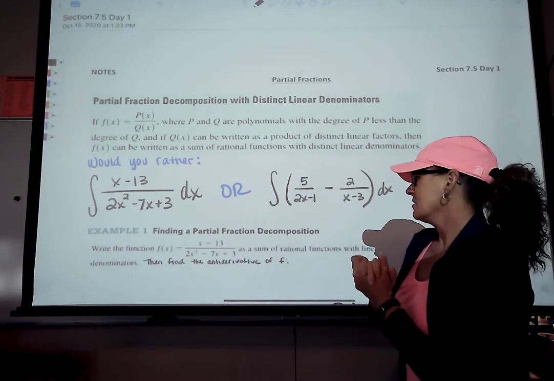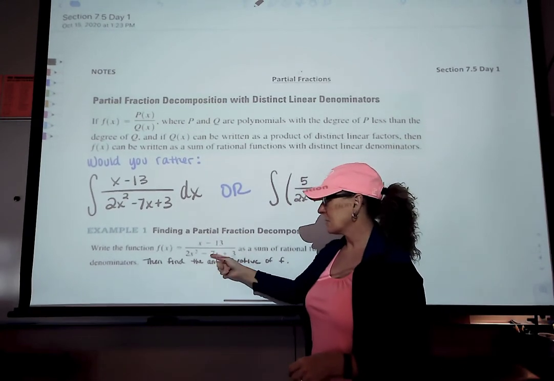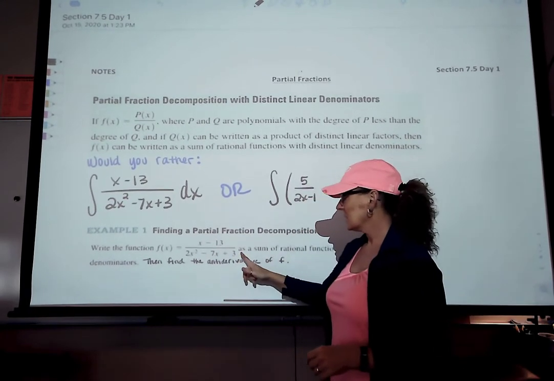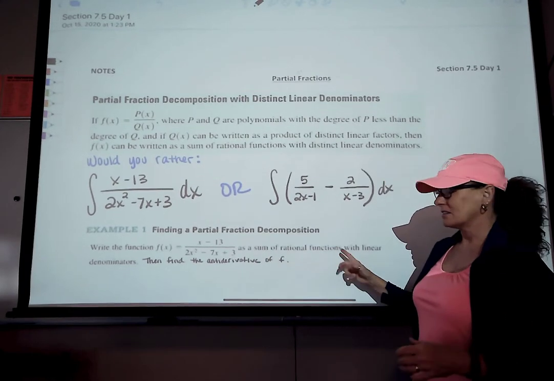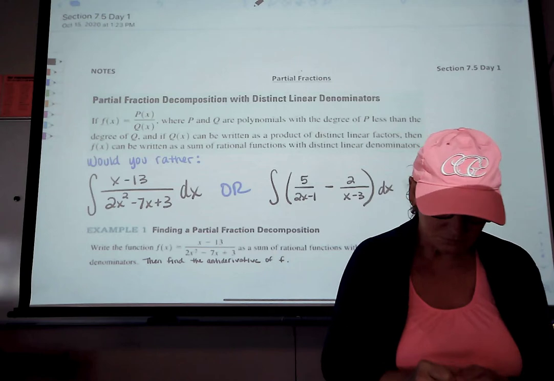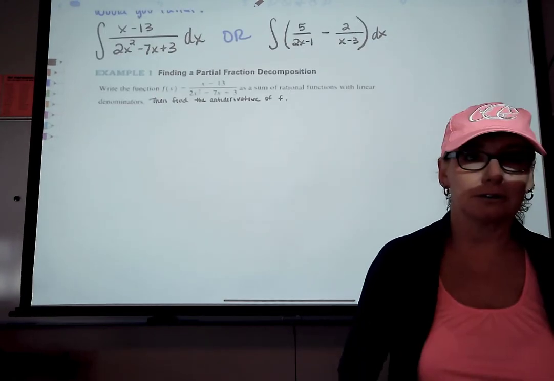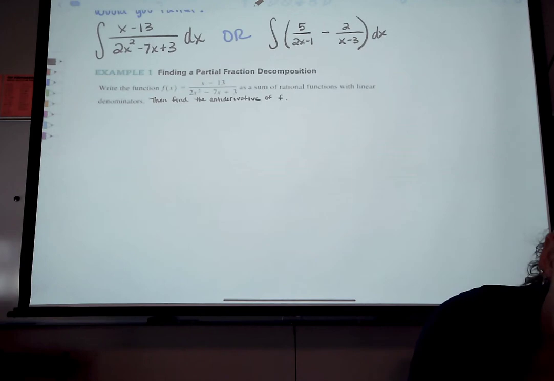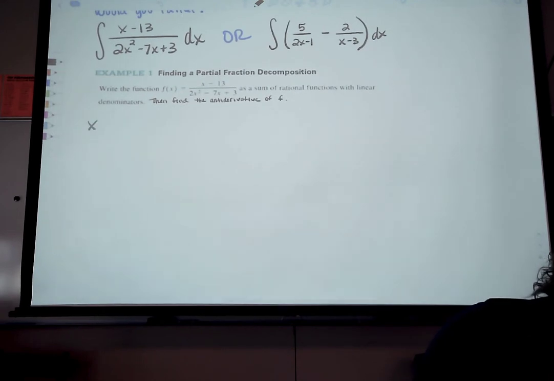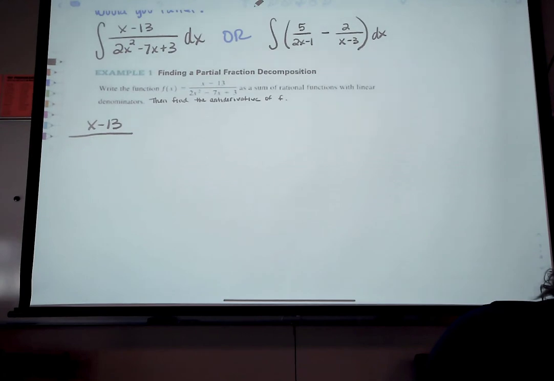So let me just start with the process. We're going to take this complicated rational function and break it down as a sum of simpler rational functions. So here we go. Write the rational function in the top left corner of your space, and go ahead and factor the denominator.